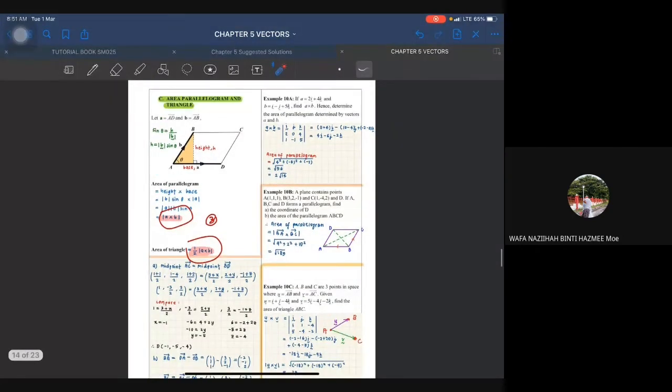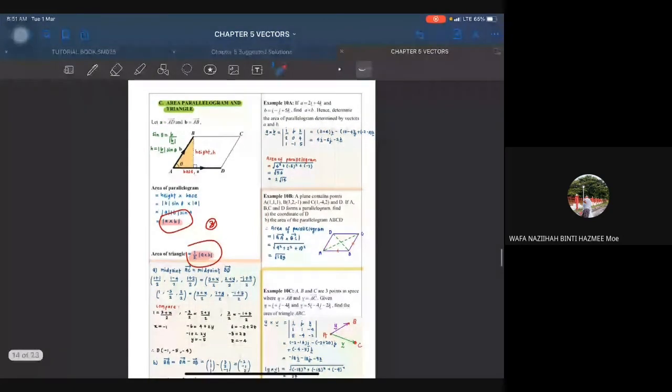So my tips for vector is that it is actually a new thing for you. Because maybe before this you only learned vector in 2D, two dimensions, and it's just a simple one in school. Then entering matric you learn all kinds of things, applications, vector in 3D, all of that.